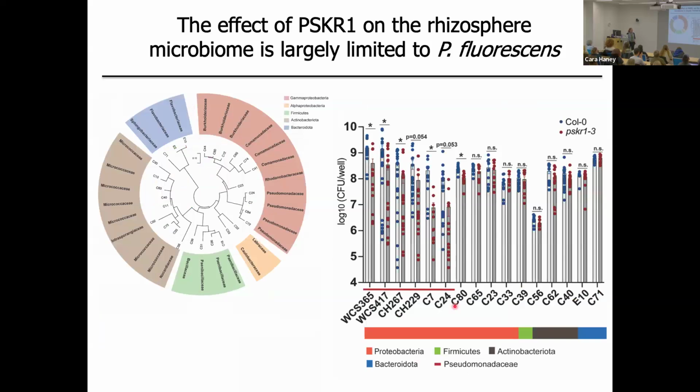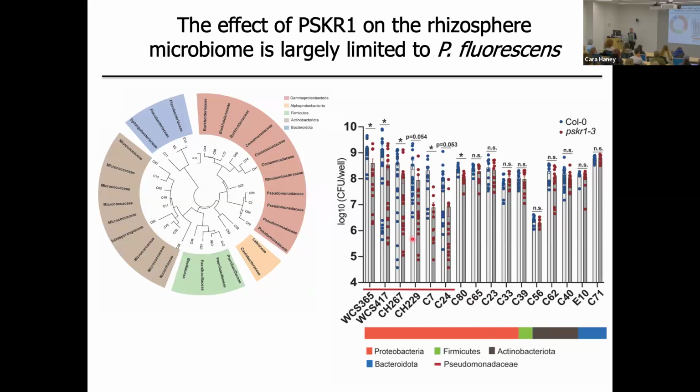This is a very busy slide. But what CU did was isolate a bunch of different bacteria representing diverse bacterial taxa, and then asked if the reduced bacterial growth was specific to Pseudomonas. She has bacteria that represent the 4 major culturable phyla in the bacterial rhizosphere, including many different proteobacteria.